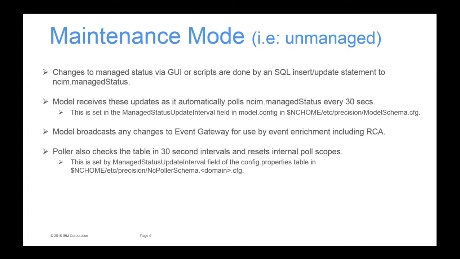This is a setting in the model schema config file. It's the managed status update interval field. Any changes that model receives will be broadcast to the event gateway, which are then used for event enrichment, including RCA.